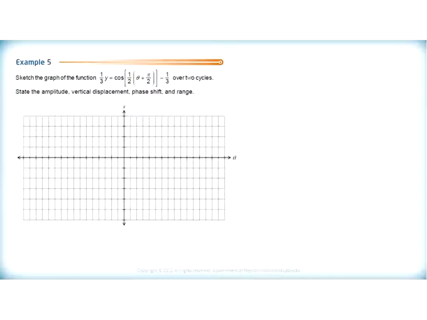In example 5, we are asked to sketch the graph of the function 1/3 y is equal to the cosine of 1/2 times theta plus pi over 2, minus 1/3. In this example, we need to solve this equation for y, and in order to do so, we will multiply both sides of the equation by 3 to get rid of the 1/3.